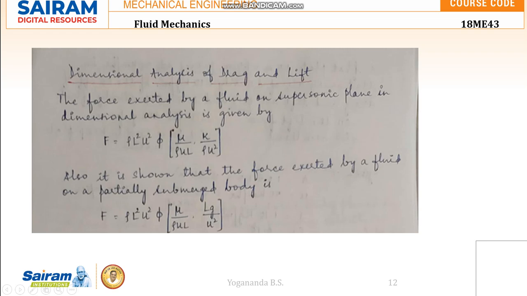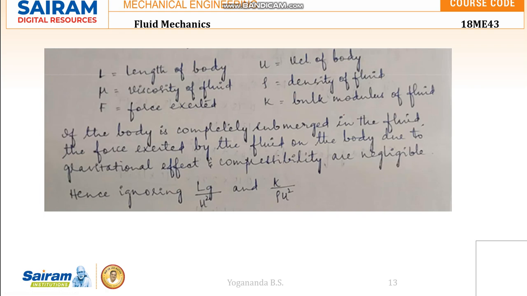So now the force F is a function of three terms here: mu divided by rho U L, the other factor K divided by rho U square, and then L g by U square. If the body is completely submerged in the fluid, as we take an aircraft that is completely submerged in the wind blowing, there will not be any gravitational effect, and the compressibility effect is also negligible.